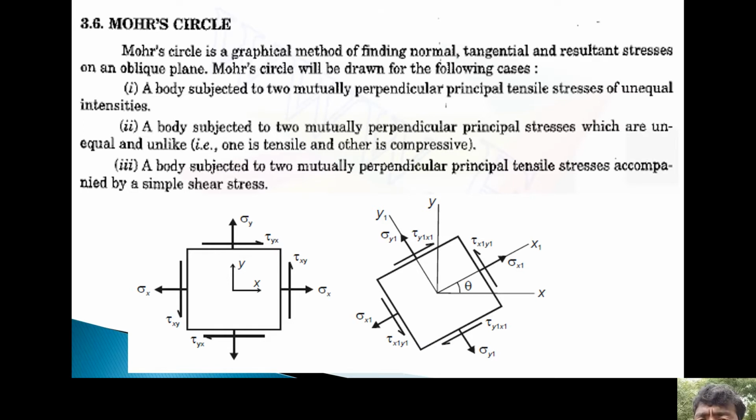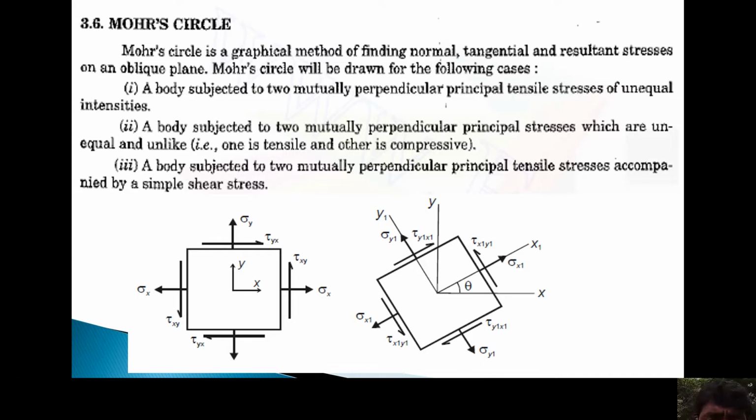In the x direction, the pulling force on the right side is sigma x, which is positive. In the opposite direction, the pulling force sigma x is negative. The upward force sigma y is positive, and the downward sigma y is negative. So the stresses are acting in the sigma x and sigma y directions.